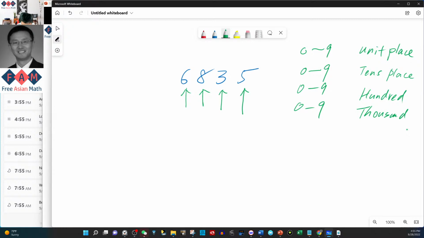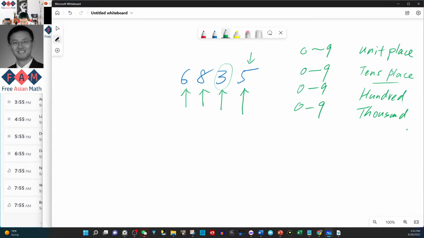In other words, the 5 represents the basic unit digits. So if this is 2, it represents 2. But for the next one, the tens place, because it's tens place, each digit here represents that digit times 10.